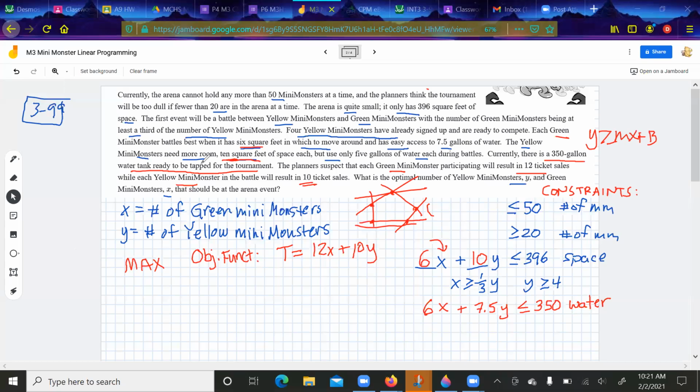Since the number of monsters, thank you, Jack, the total number of monsters has to be less than or equal to 50. So it has to be x plus y is less than or equal to 50. But we want the number to be greater than 20, so x plus y is greater than 20. Please write that down. Thank you, Jack, for reminding me to do that before I erased everything. I really appreciate that.